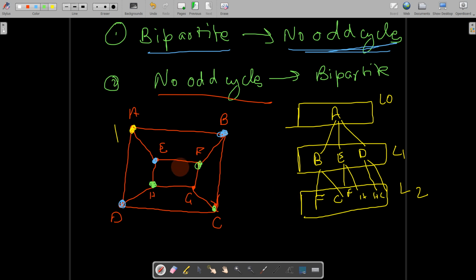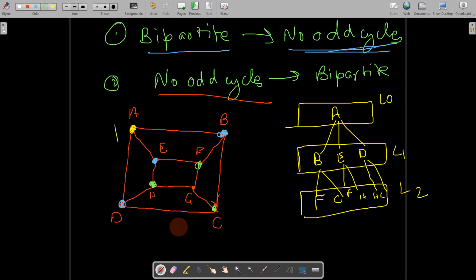They are not adjacent to vertex A. None of them are adjacent to vertex A. So what we can do, we can put A, F, H, C in the same set.